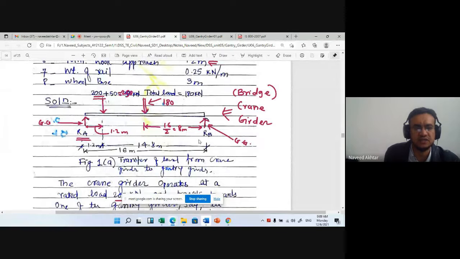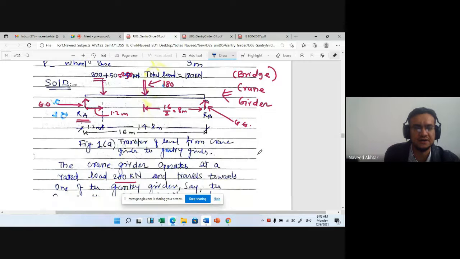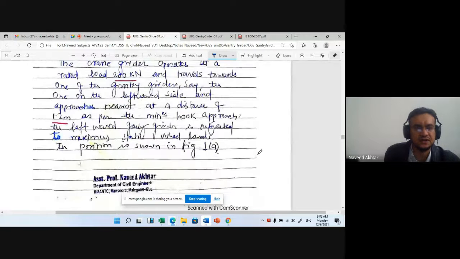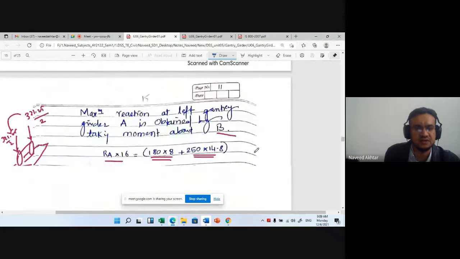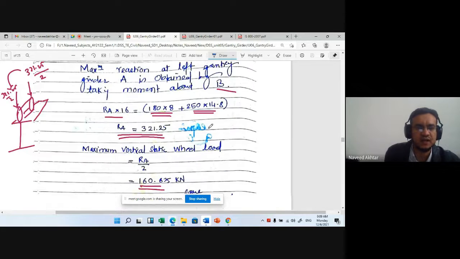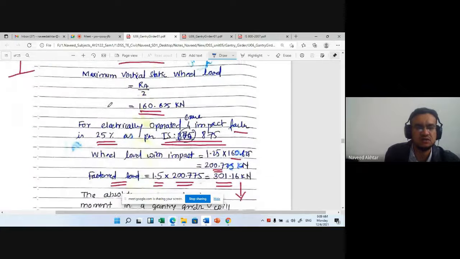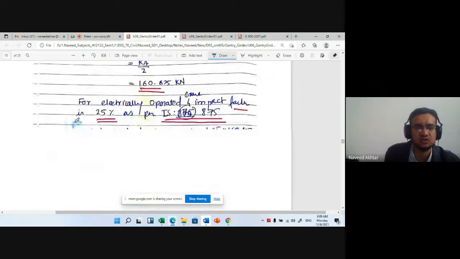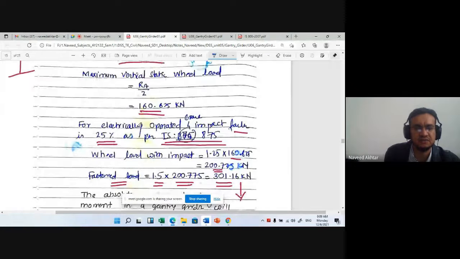Then we have to find out the reaction, and the reaction is nothing but the load on your gantry girder. Gantry girder figures and examples we have already seen, so I am not repeating them. So this is the gantry girder, with two wheels on one side and two wheels on the other side. So you can find out the maximum reaction, and then the maximum vertical static wheel load on a single wheel, because two wheels are there on the gantry girder. So it will be 160.